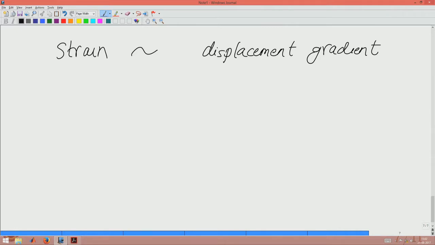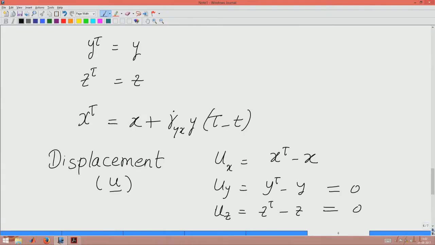And what is displacement a function of? U x is a function of x, y, z, which one? U x, displacement is in x direction, but is it a function of x or is it a function of y or is it a function of z? It is a function of y, because x tau itself is a function of y, as we saw.